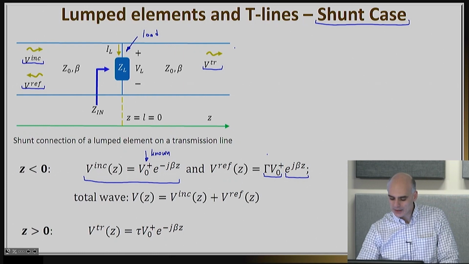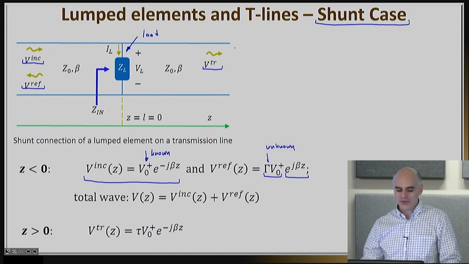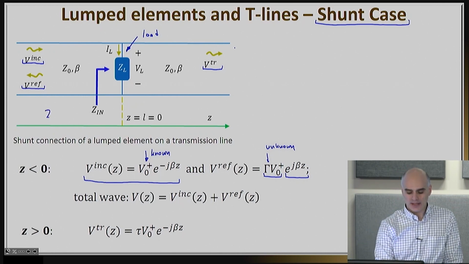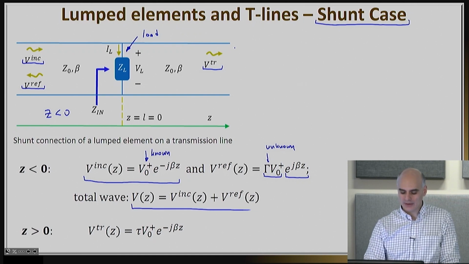Gamma, of course, is unknown, and we will be trying to find out this as we will see in a minute. Of course, the total wave on the negative z space is going to be both the incident and the reflected wave.